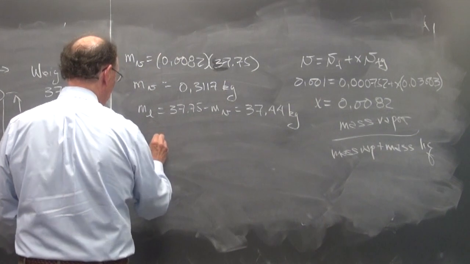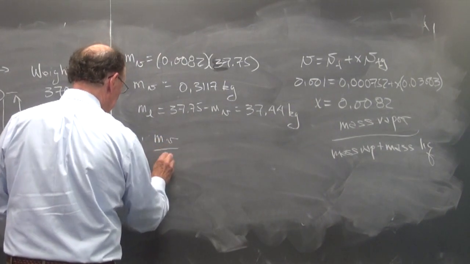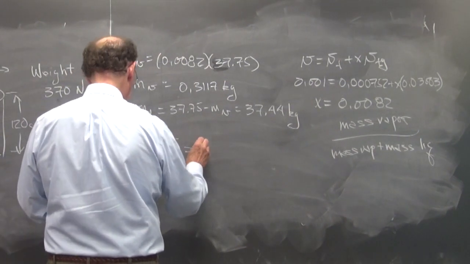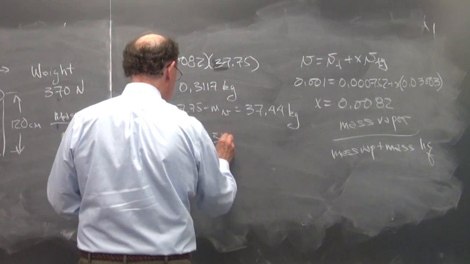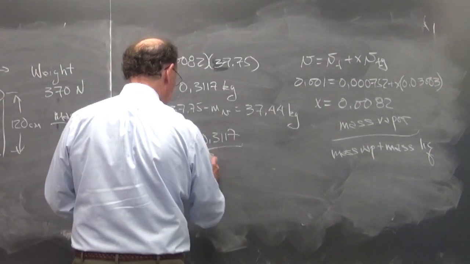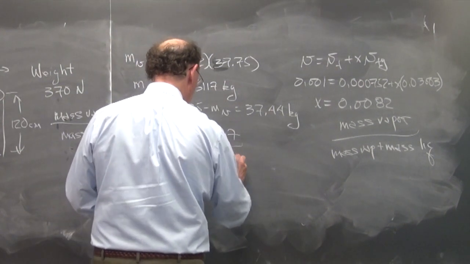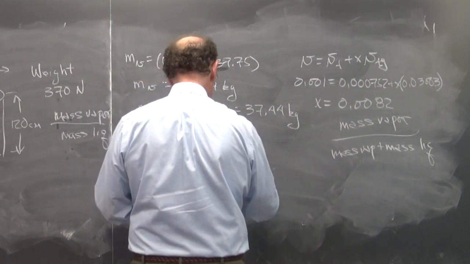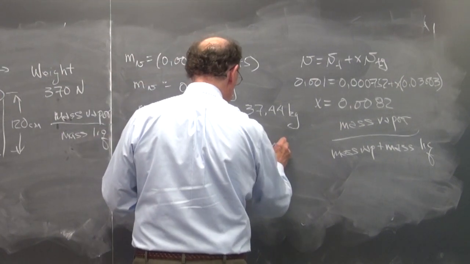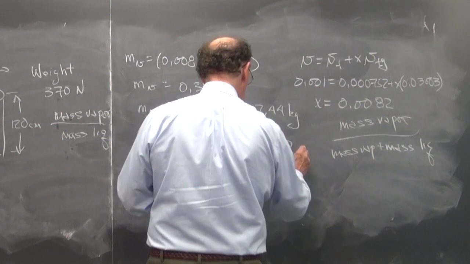And so the ratio of mass vapor to mass liquid is 0.3177 divided by 37.44, and that's equal to 0.00832.